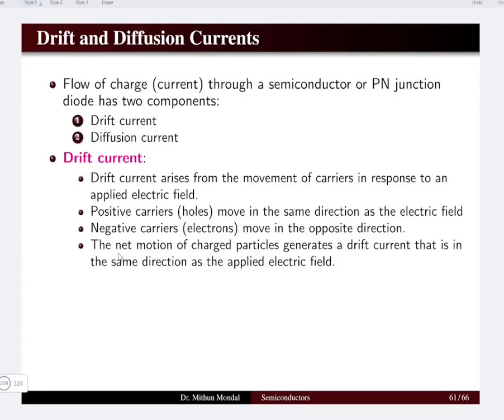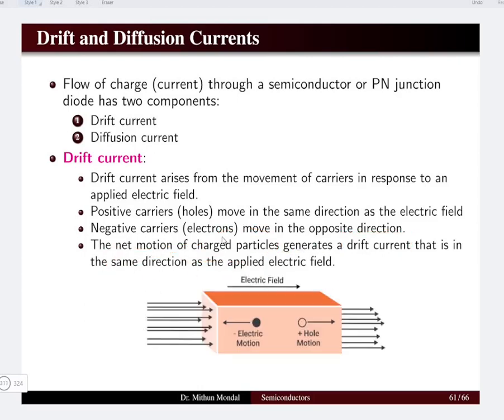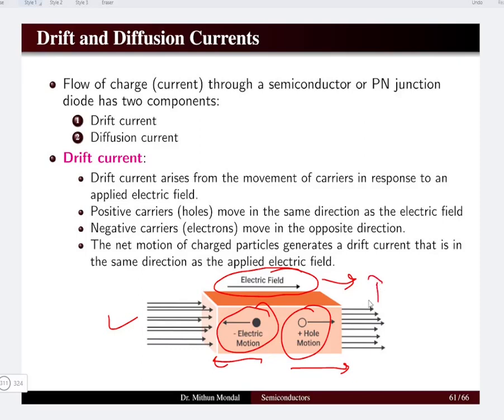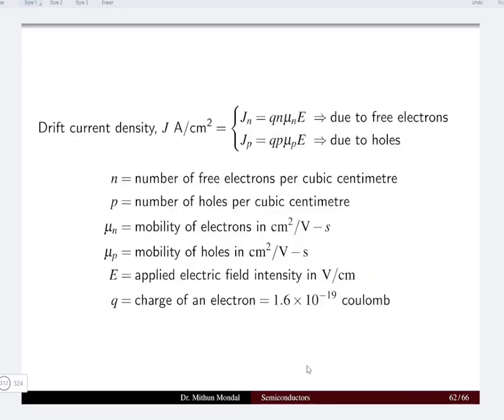So the net motion of the charged particles generates a drift current in the same direction as that of the applied field. This can be visualized with this pictorial representation, where we have applied an electric field in this direction. The electron is moving in the opposite direction and the hole is moving in the same direction as the electric field, and the net drift current is in the same direction as the electric field.